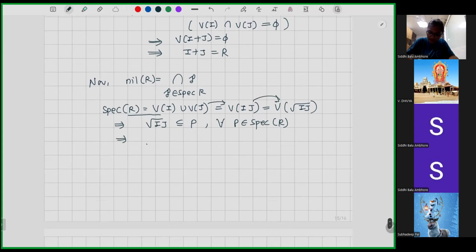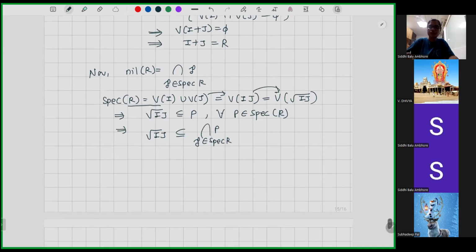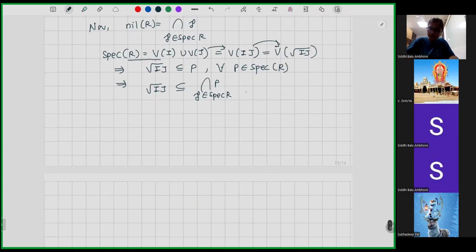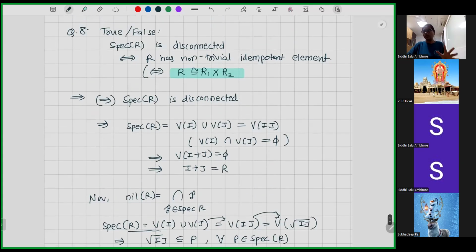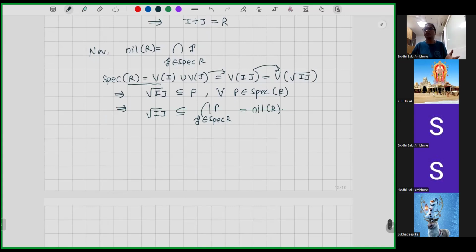So the radical of IJ is contained in the intersection of P, P belonging to Spec R, which is nothing but the nil radical of my ring R. Is this okay so far? I am just obtaining all the possible information, which I will use.